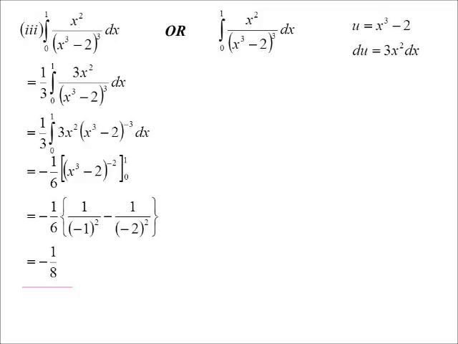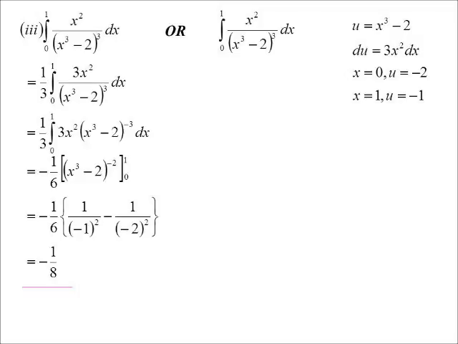So I can substitute in. However, once I change those pronumerals, these limits are no good, because those limits refer to x. My new pronumeral is u, so I have to substitute for those limits as well. And it's easy enough to do, because we have a formula here. u is x cubed minus 2. So when x is 0, u must be negative 2, and when x is 1, u must be negative 1.